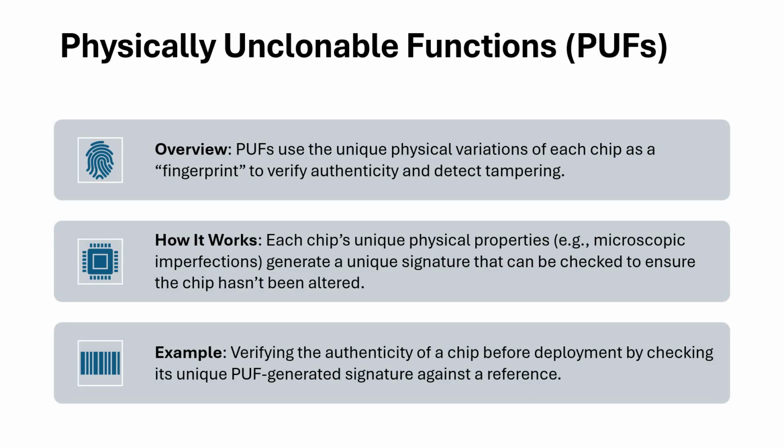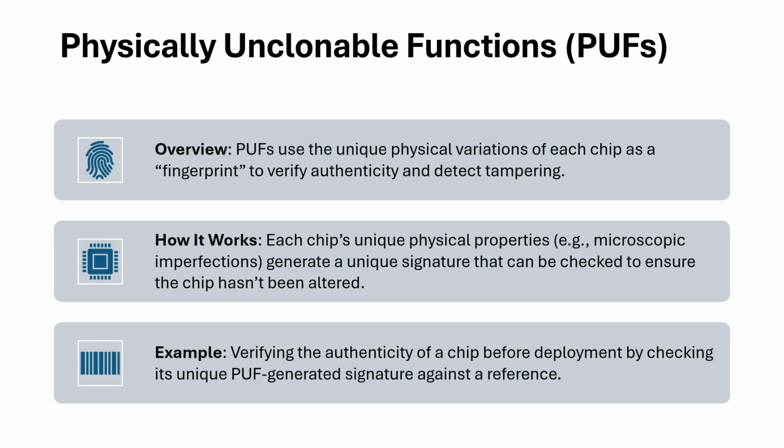And physically unclonable functions. We call it PUF. PUF fundamentally uses the unique physical variations of each chip as a fingerprint to verify authenticity and detect tampering. Please understand, it uses unique physical variations of each chip as a fingerprint. That's used to verify the authenticity and to detect tampering. Each chip has unique physical properties, for example, microscopic imperfections.